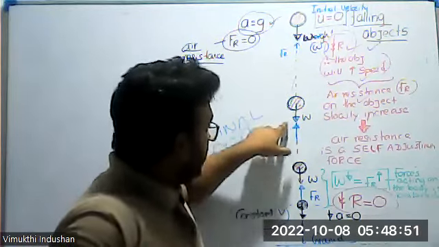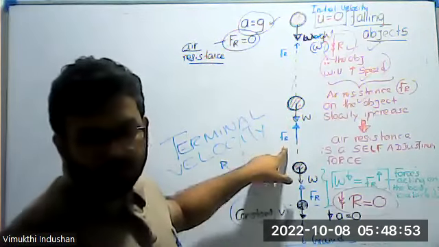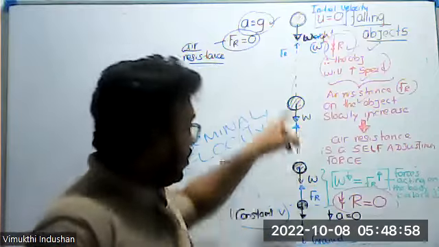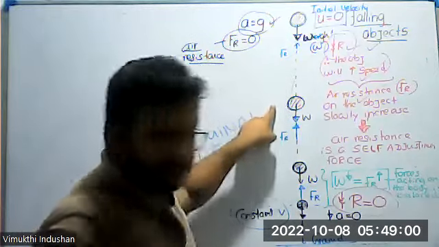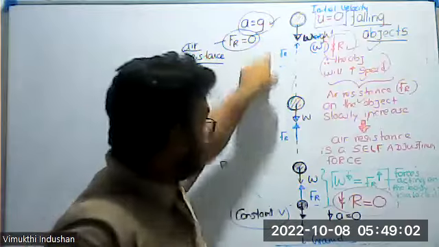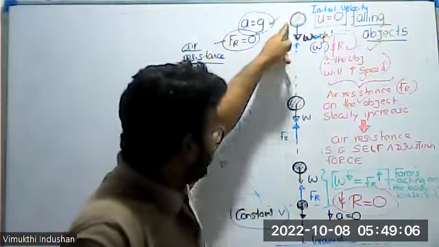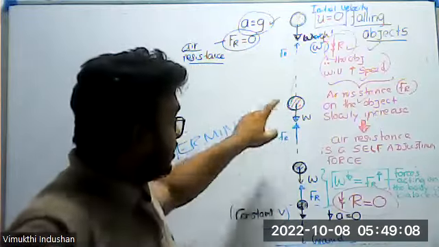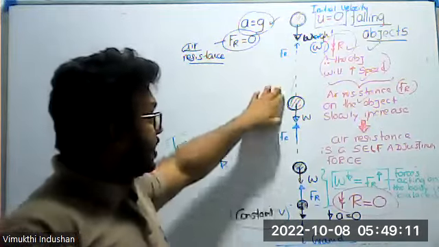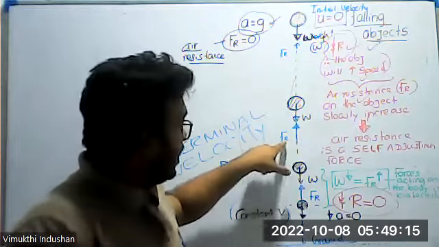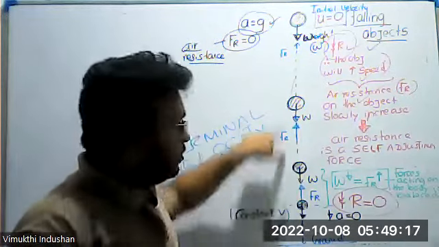But on top of that, there is an opposing force called air resistance that has developed on the object because the object has gained speed. Therefore, after a certain time period, you can very clearly see the object is experiencing an opposing force called air resistance.